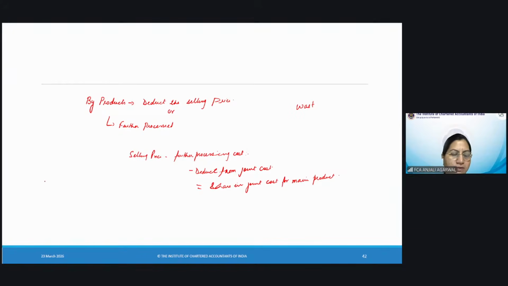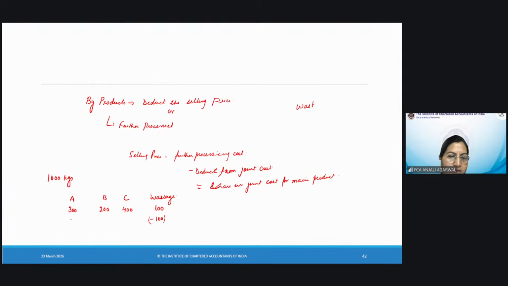So for example, if you take 1,000 kgs and there are three products A, B, C, and also there is a wastage. Let's say 300 kgs, 200 kgs, 400 kgs, and 100 kgs of wastage. So first apportion these 100 kgs of wastage amongst the three main products, maybe in the ratio of 3:2:4.